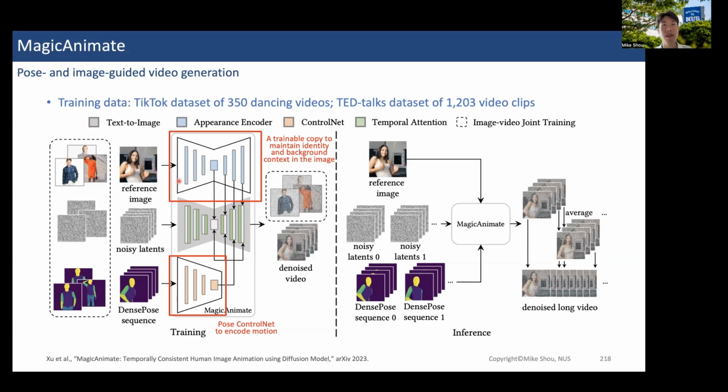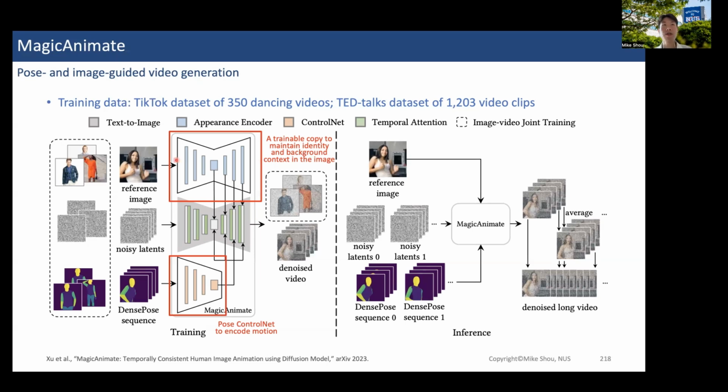What we did is have a trainable copy of the UNet that is specifically dedicated to processing this condition of the reference image. Through this copy, we can insert different layers' features into the denoising UNet for the final video generation.